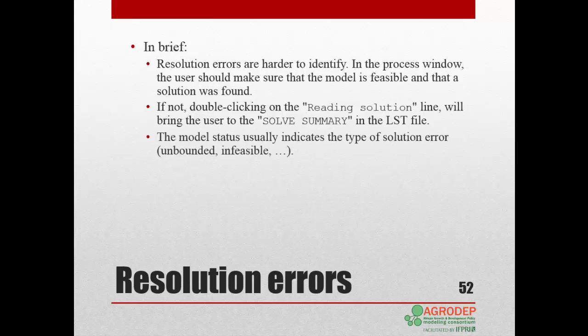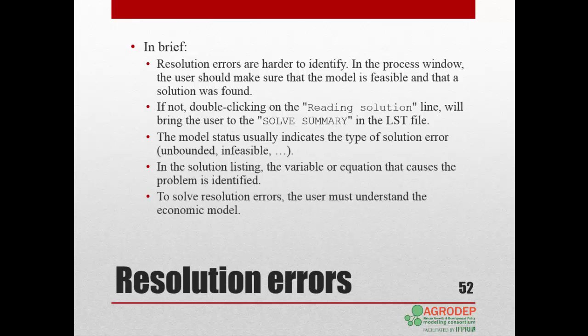The model status usually indicates the type of solution error: unbounded, infeasible, etc. In the solution listing, the variables or equations that caused the problem are identified. To solve resolution errors, the user must understand well the economic model being solved.